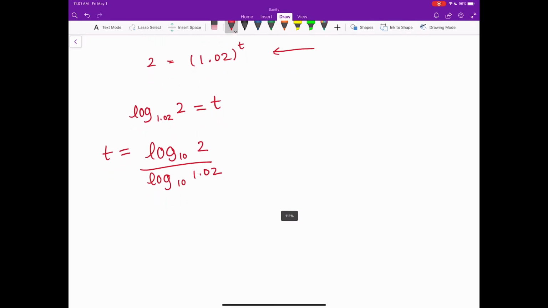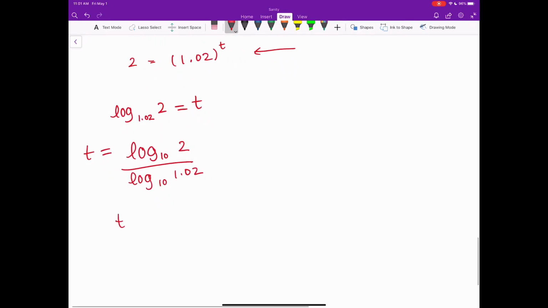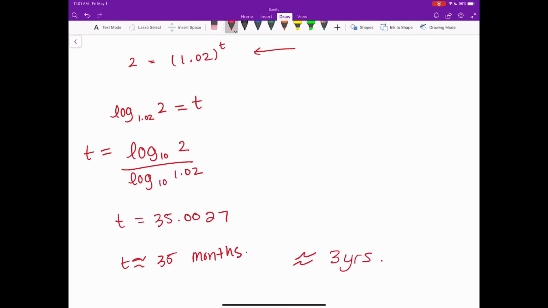Again, plugging that into your calculator, I got a t-value of 35.0027. So it's roughly 35 months. And then I was thinking, oh, I wonder how many years that is. So I just divided by 12, 35.0027, yada, yada, yada, divided by 12. It's roughly 3 years. Now the question asks for it in months, but it's about 3 years.